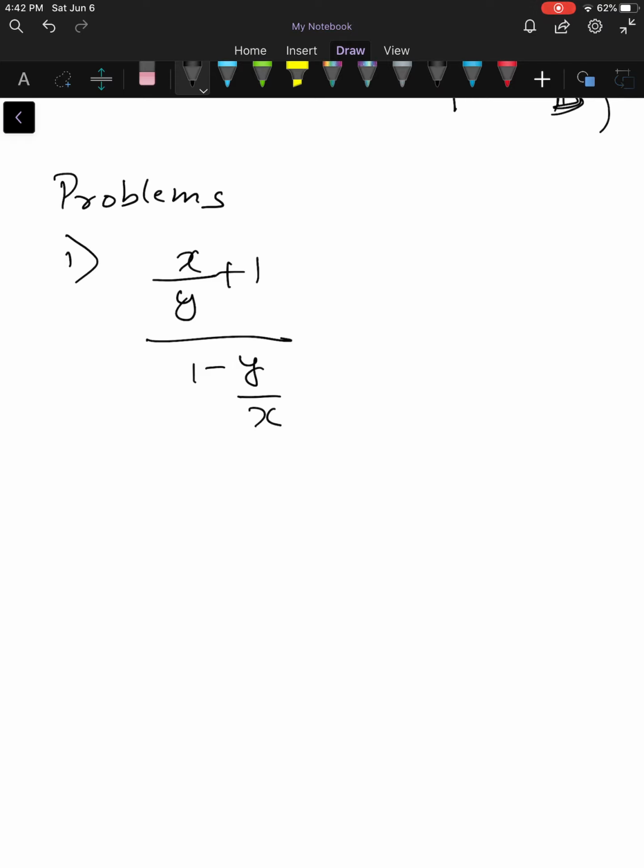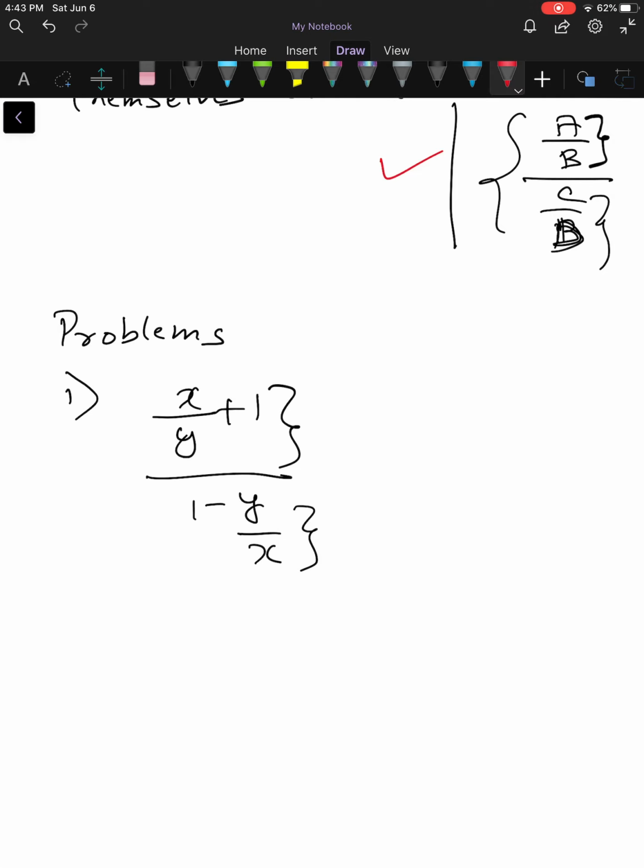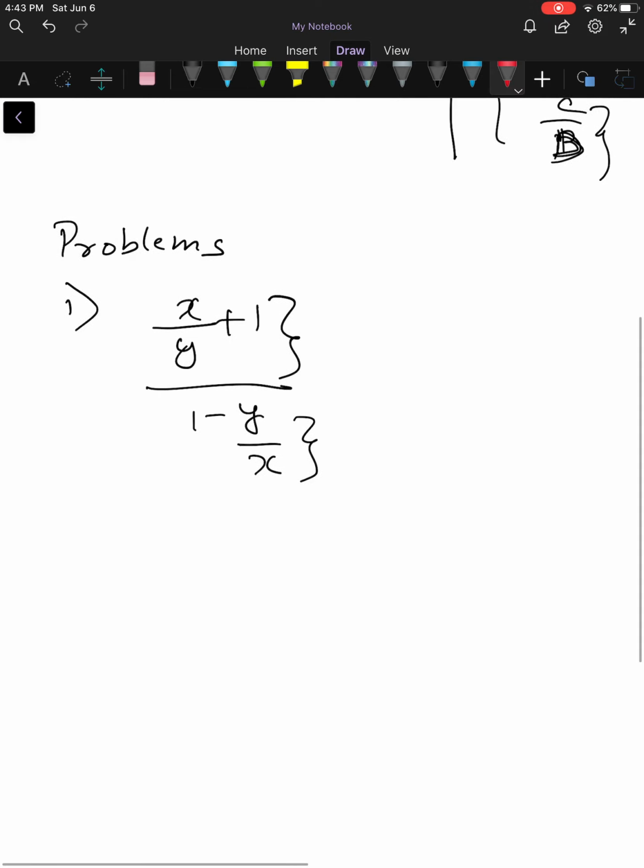In this case, both numerators and denominators are fractional expressions or rational expressions. You may be wondering how, because after you take the LCM and simplify each of the numerator and the denominator, you can see this form very clearly.